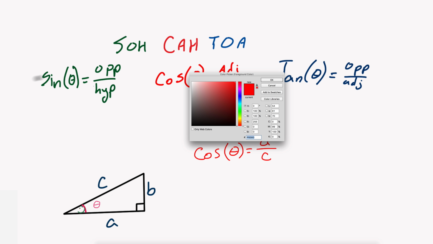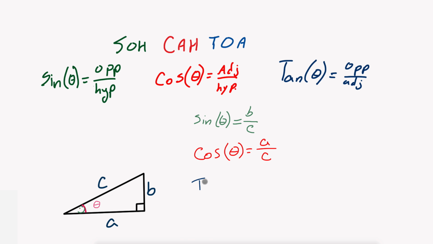All right, so now tangent of theta. Tangent of theta is going to be equal to opposite, which again is B, over the adjacent, and adjacent was A. So as you can see, this can look very confusing, but when you're trying to solve for specific values, and when you have specific values, you can solve for either of them.